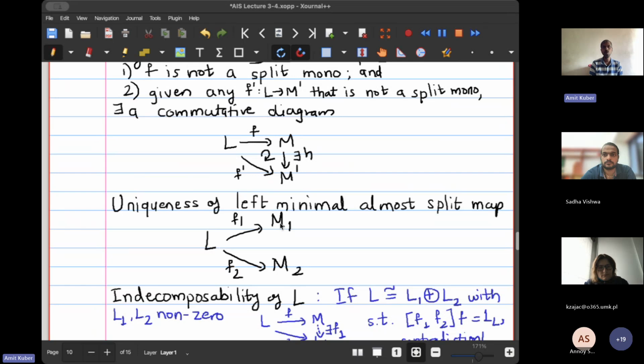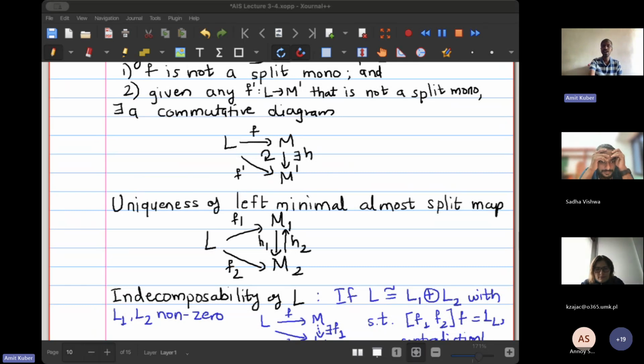Using the left almost split property of F1, we know there exists a map H1 in this direction such that the diagram commutes. And using that F2 is left almost split, we know there is a map like this. This is a standard argument in category theory.